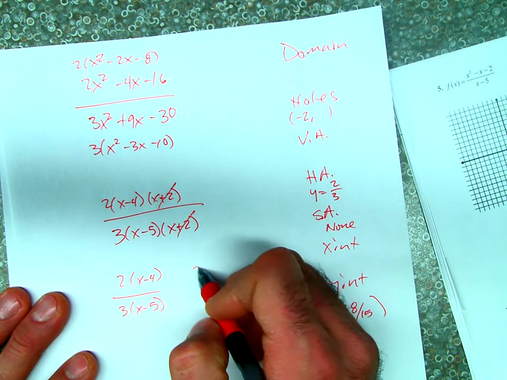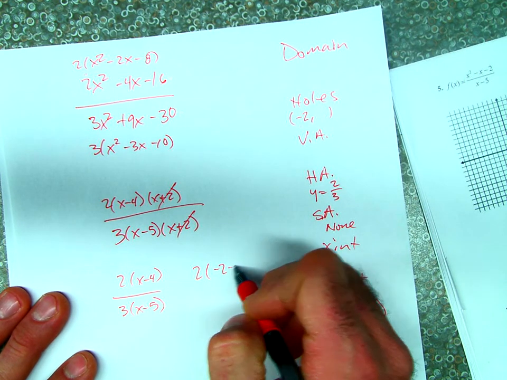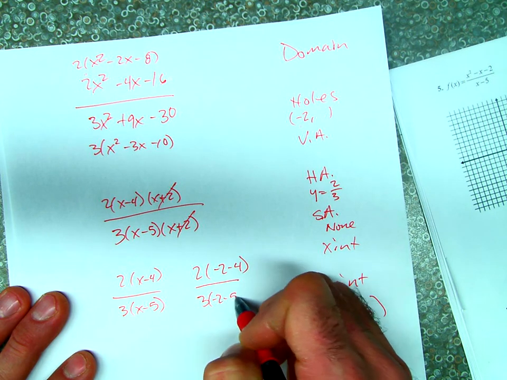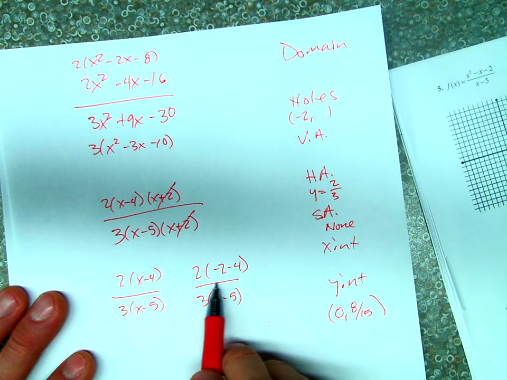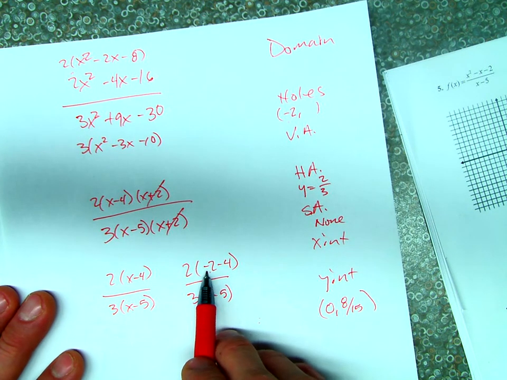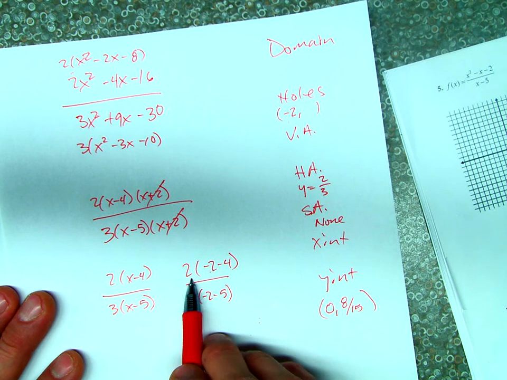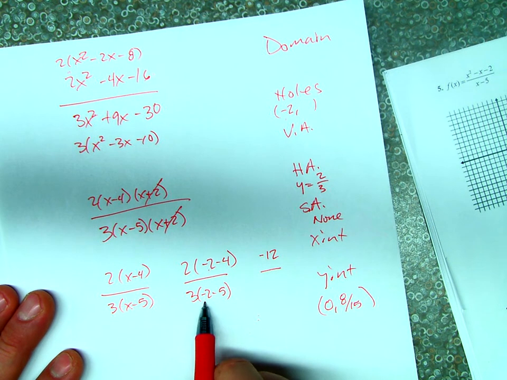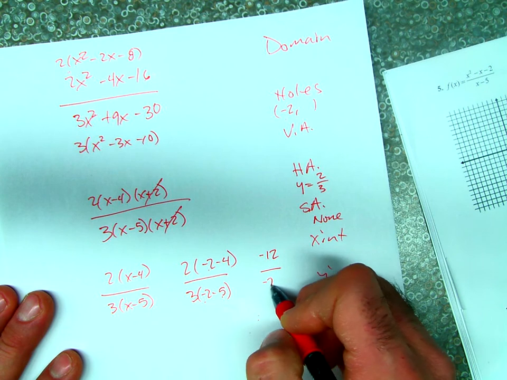They make a difference right now. Okay, negative 2. So 2 times negative 2 minus 4 over 3 times negative 2 minus 5. Negative 2 minus 4 is negative 6. So negative 6 times 2, that's negative 12. Negative 2 minus 5 is negative 7 times 3, negative 21.